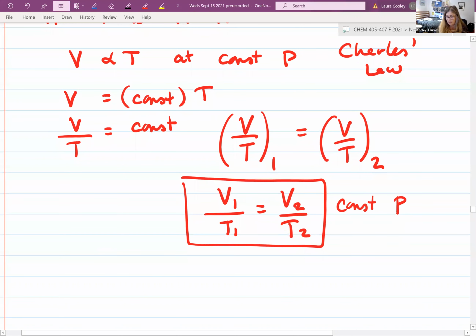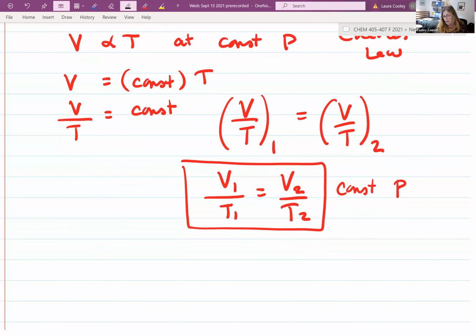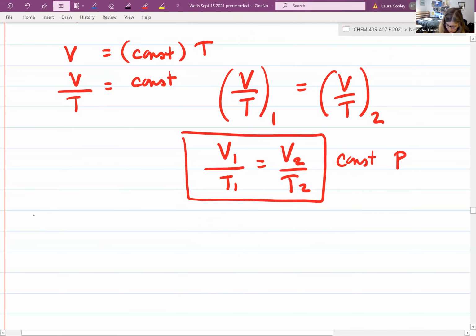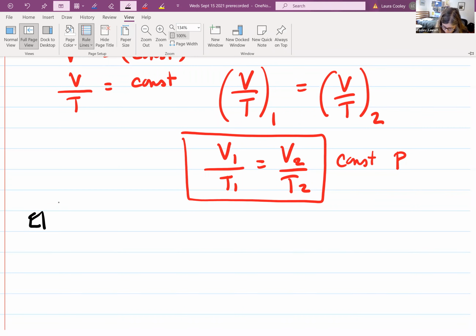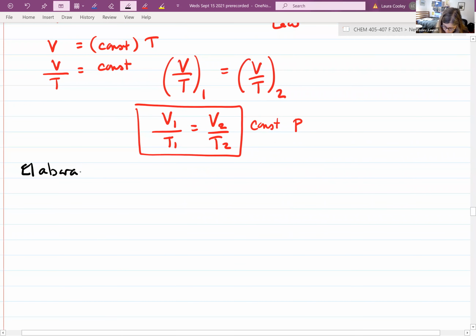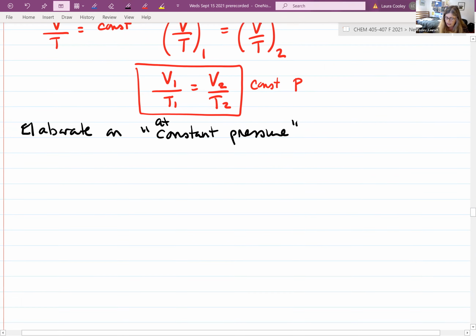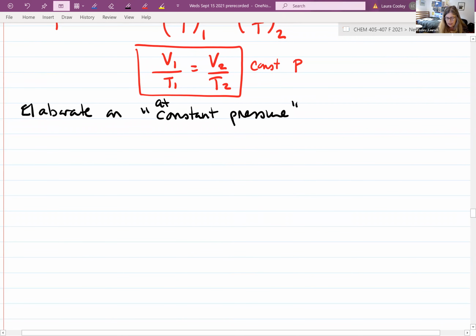Okay, so now, in Gen Chem, I probably would have said enough. Now I'm going to elaborate on this constant at constant pressure. So what I'd like to do is talk about what happens from the microscopic point of view.